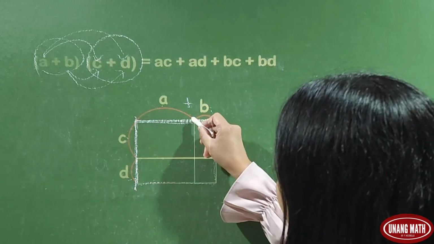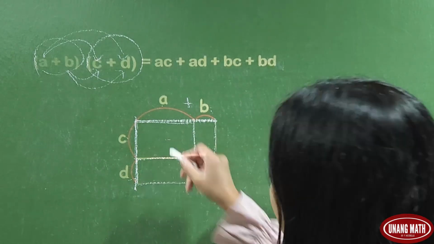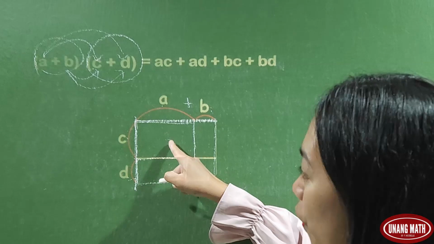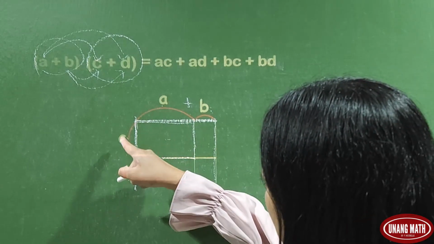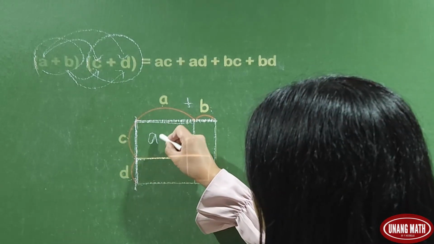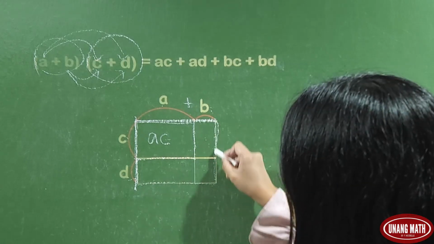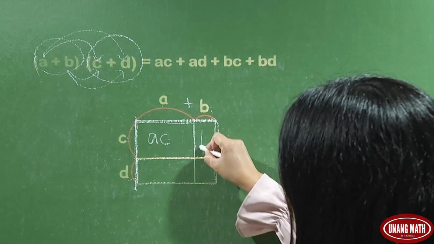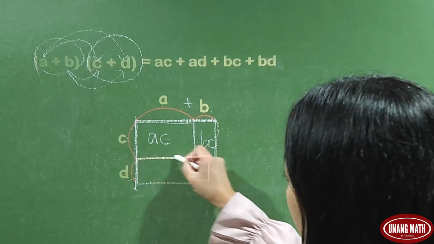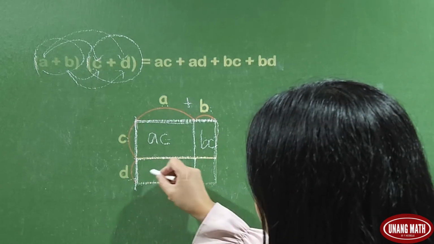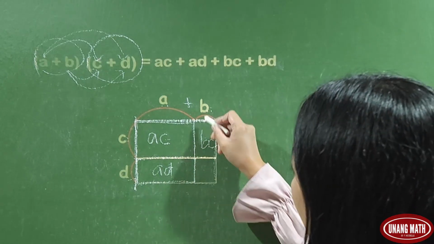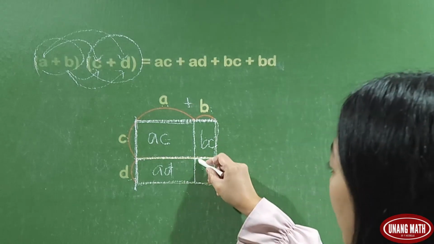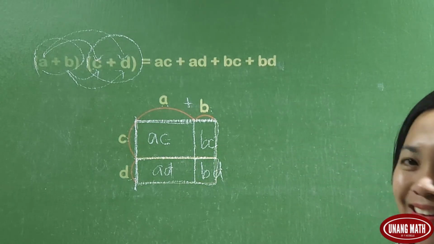In order to find the area of this rectangle, we have to multiply a times c, so this is ac. What about this rectangle? b times c, so this is bc. This rectangle would be a times d, so this is ad. And this one is b times d, so this is bd.